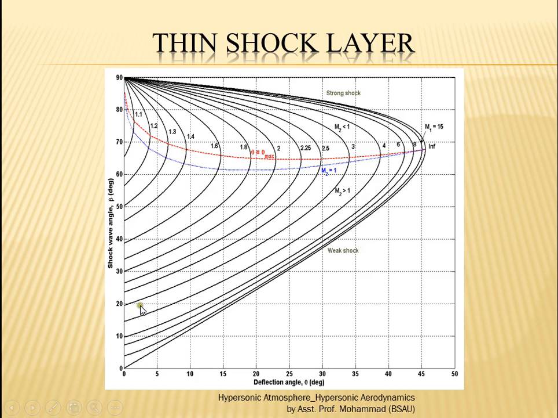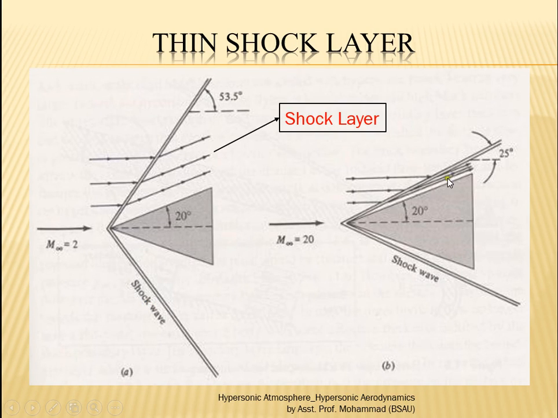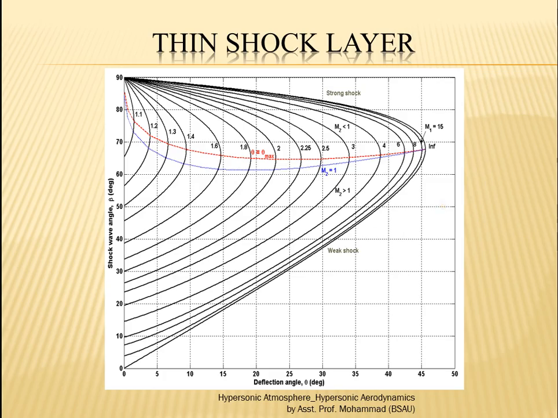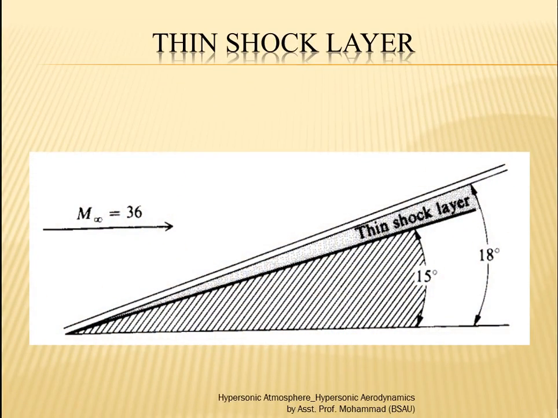In this case the shock layer becomes thinner and thinner. This is the characteristic of hypersonic flow, and in this thin shock layer we also have very high density flow. Let us take another example of a hypersonic regime in which the Mach number is 36.